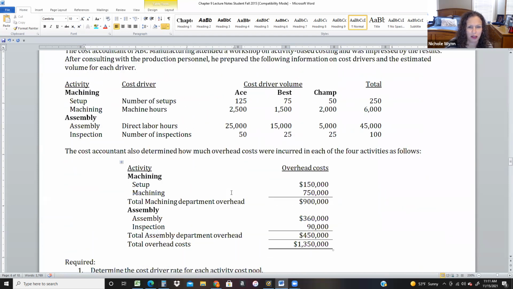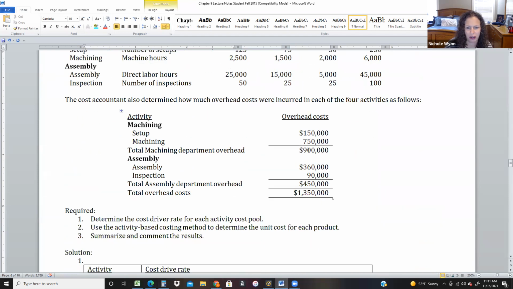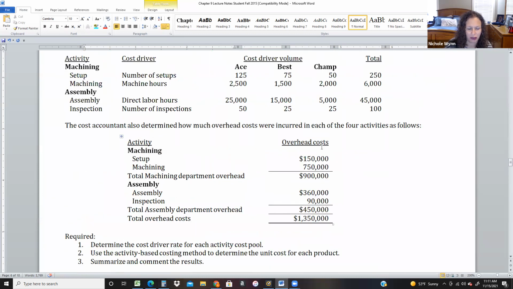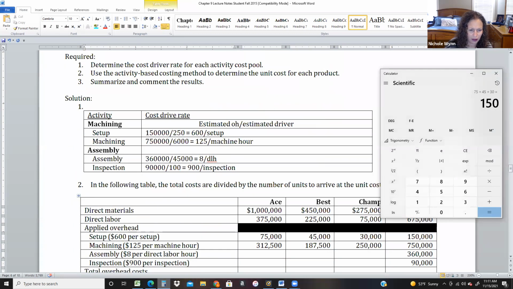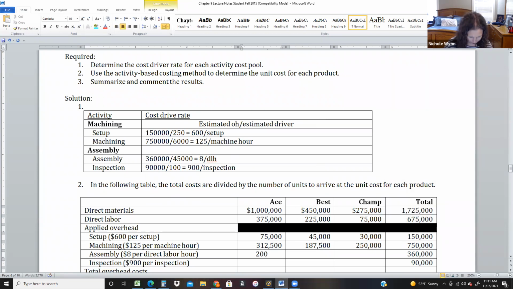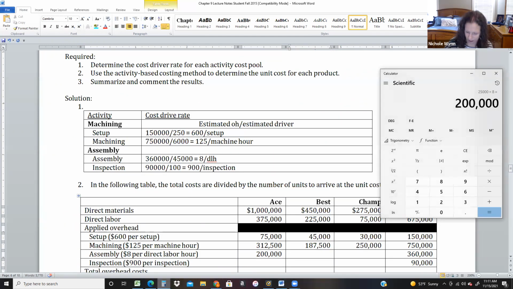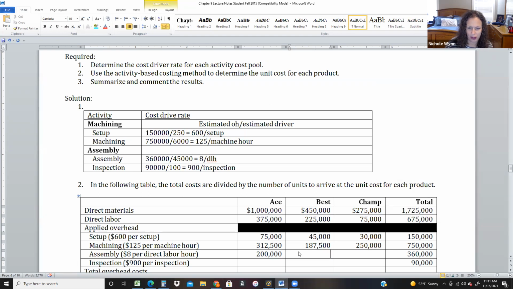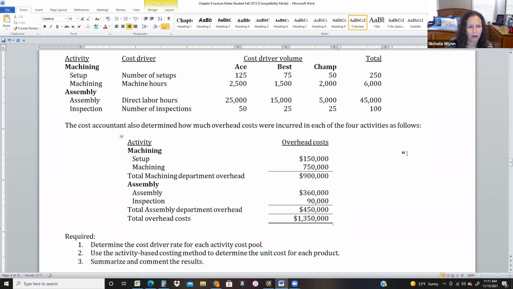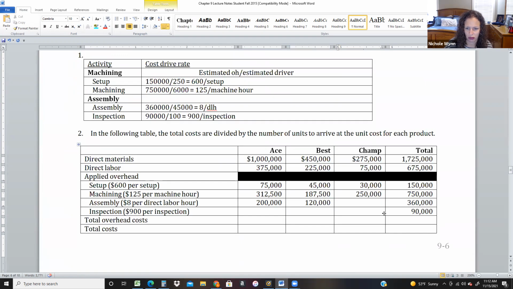So take $8 times the direct labor hours: 25,000, 15,000, and 5,000. That's $200,000. Okay, so then 8 times 15,000 is 120,000. And 8 times 5,000, which would be 8 times 5 is 40,000.